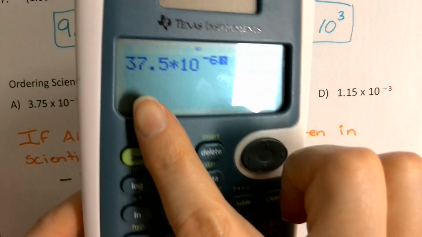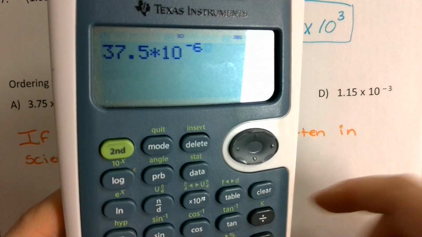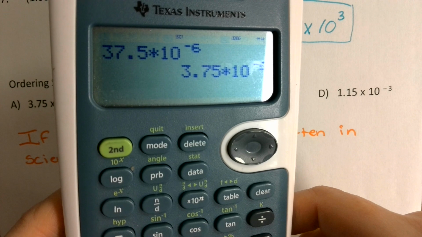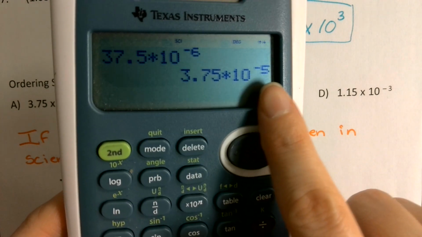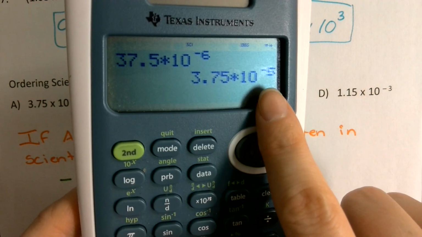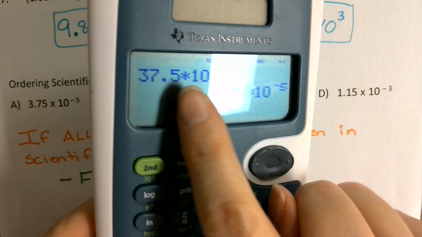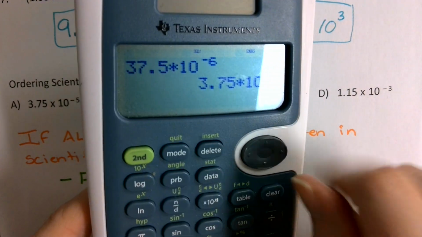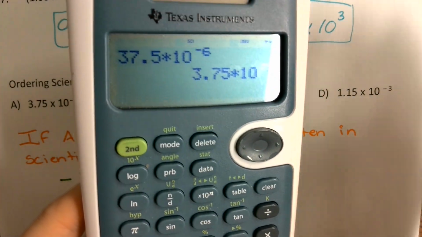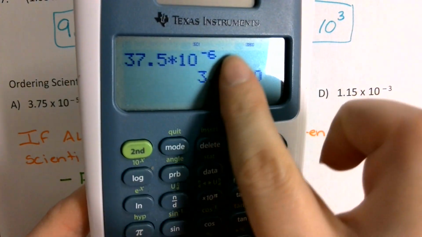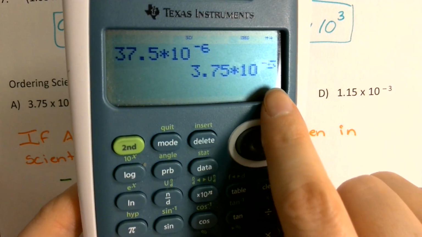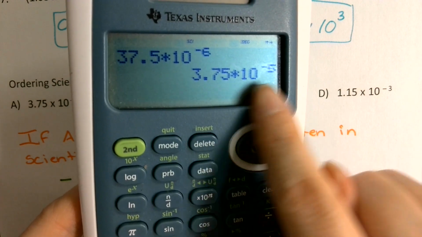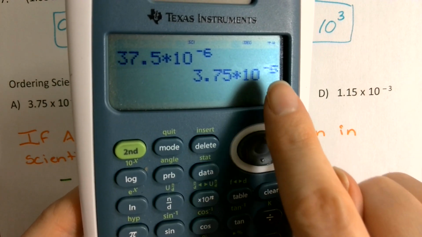Then you would just type in what you've got, 37.5 times 10 to the negative 6, and hit enter, and it'll place it into the correct scientific notation for you. Okay? So if you see, hey, 37.5, that's not scientific notation, then type in what they wrote and hit enter. As long as you're in scientific mode, it will spit it out in scientific notation form.